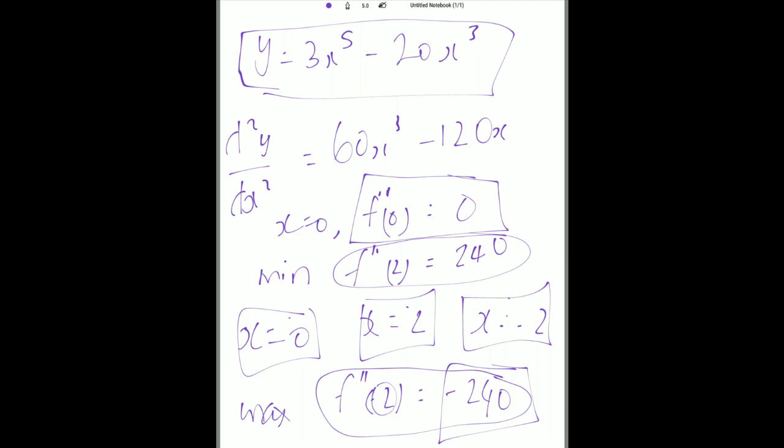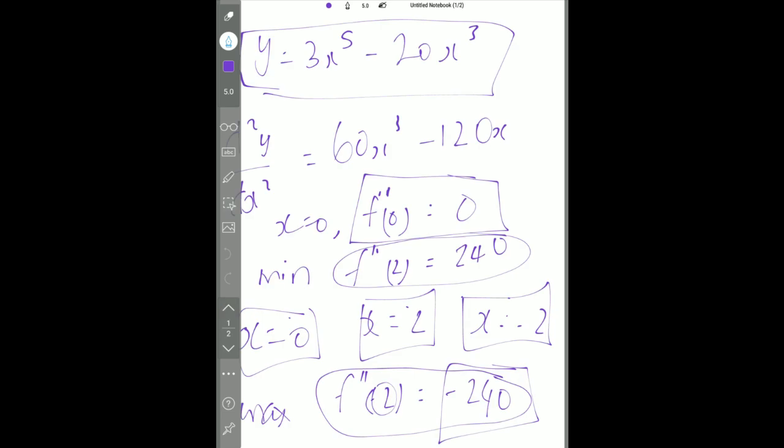And what we're going to do is that we're going to come down here and find the inflection points. Because remember, the inflection points are given for values of x for which the second derivative is equal to 0. So notice that the second derivative at 0 is equal to 0. So that is suggesting to us that quite likely 0 is a possible inflection point.